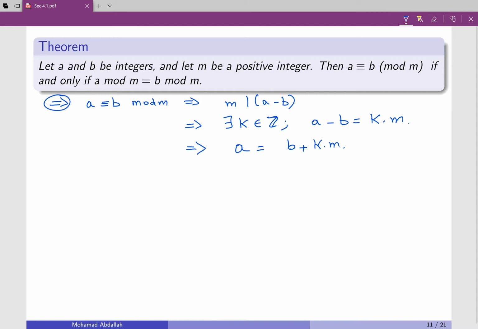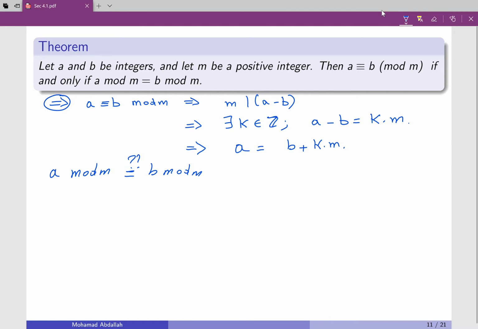Fine. Now I want to show that A mod M is equal to B mod M, and any of these can be useful to me. That means I want to show that if I divide A by M and if I divide B by M, I should get the same remainder.